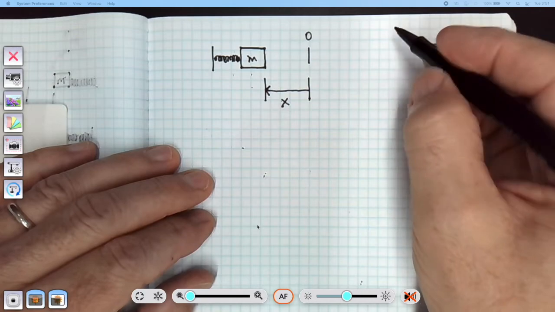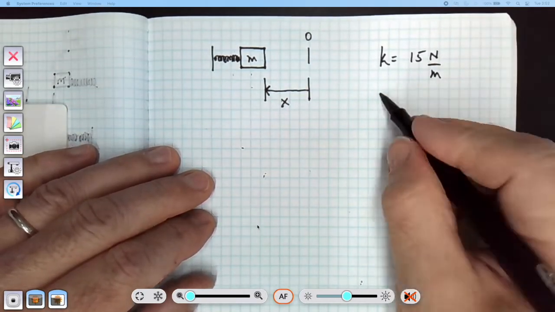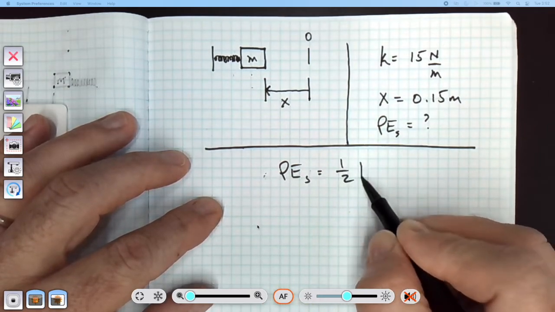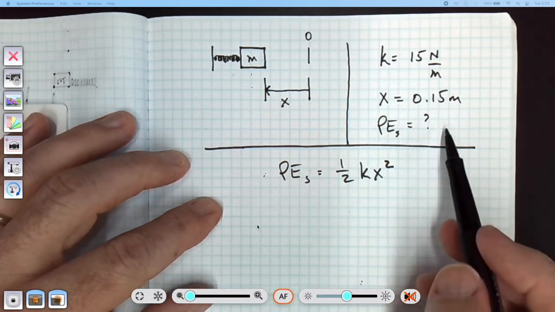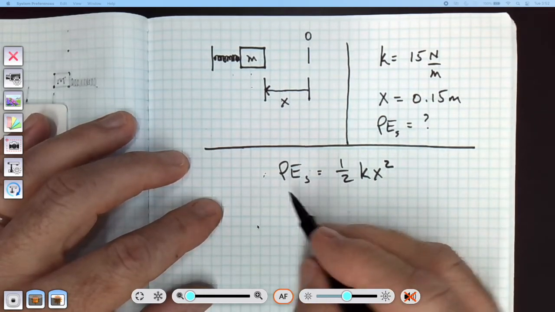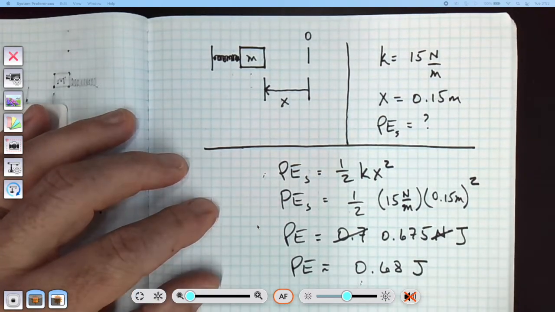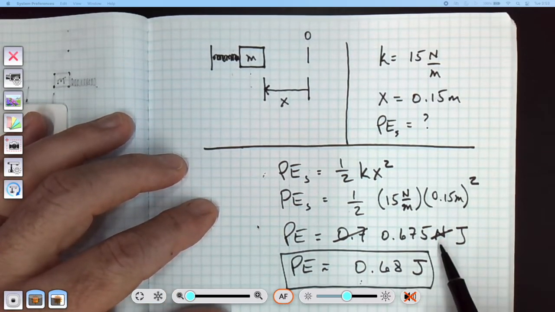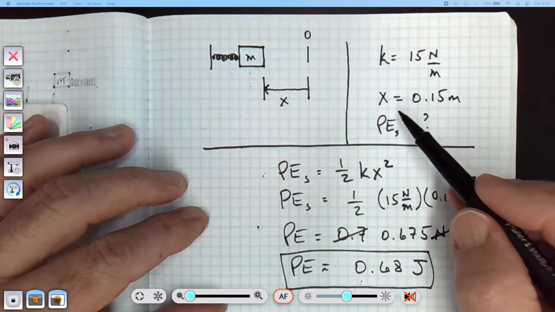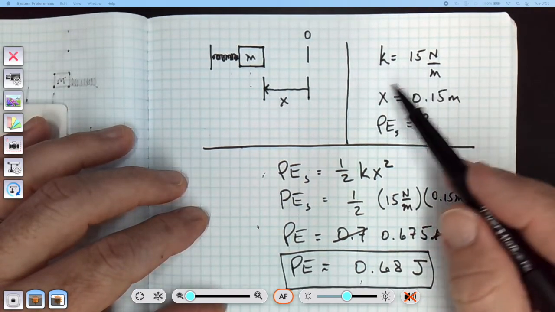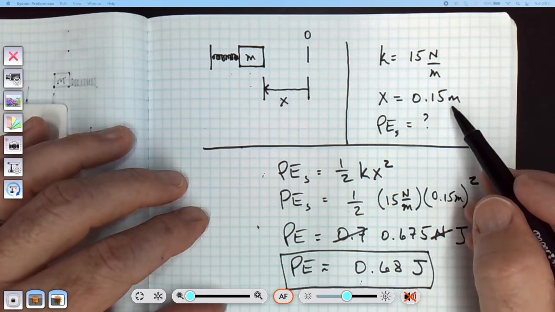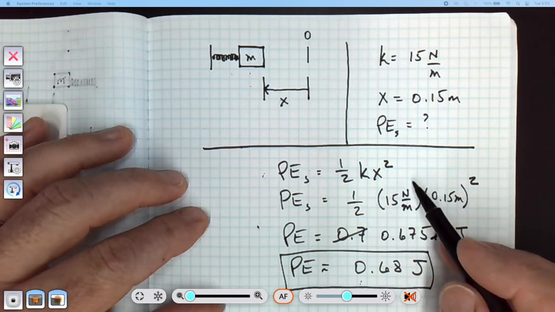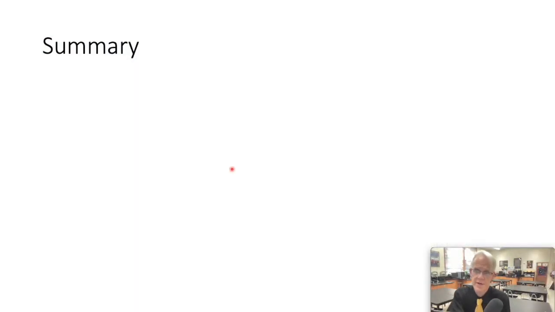Let's write down our knowns and unknowns. Our equation. Our equation is solved for our unknown. All right, our final answer is 0.68 joules, not newtons like I wrote there. Notice that I went ahead and changed my position to meters, since we are dealing with meters in our spring constant.